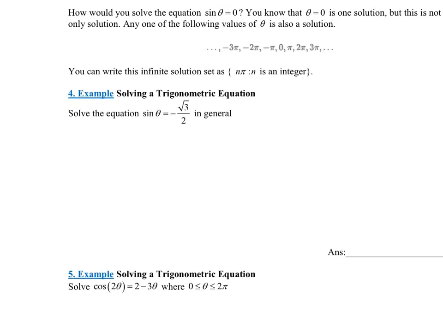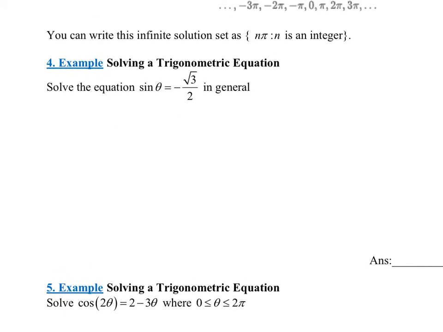It says solve the equation sine of theta equals negative root 3 over 2. So remember, sine is y values. Root 3 over 2 is the bigger one. So we're going to be looking where the angle is closer to the y-axis. Sine is y, and root 3 over 2 is bigger, so it would be when the angle is closer to the y-axis.